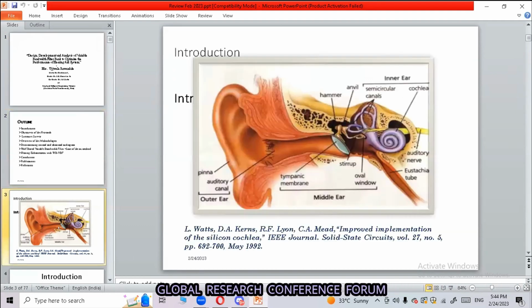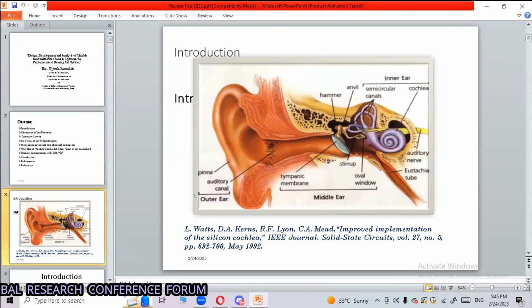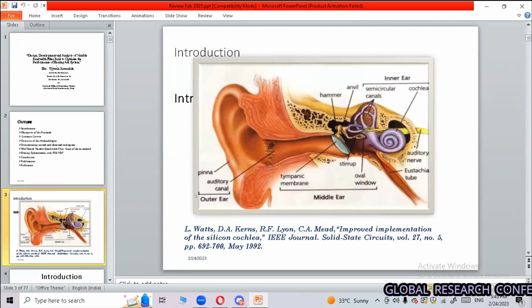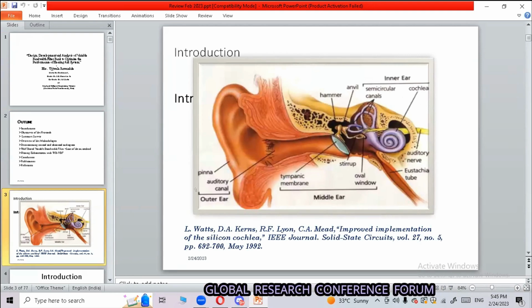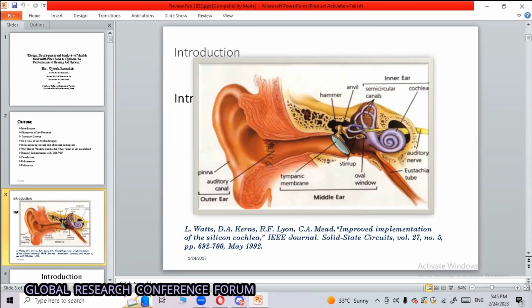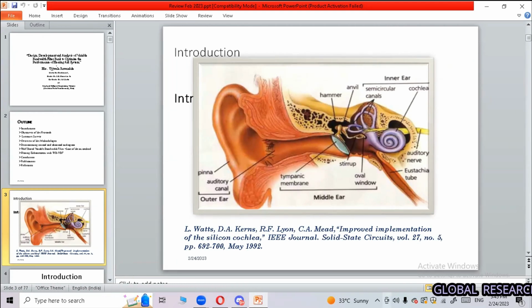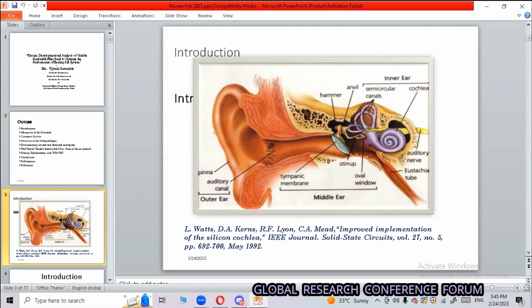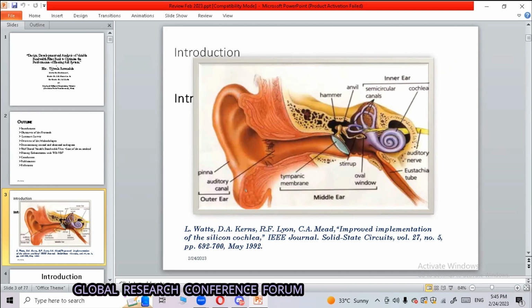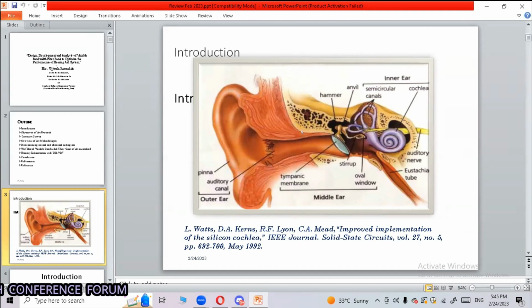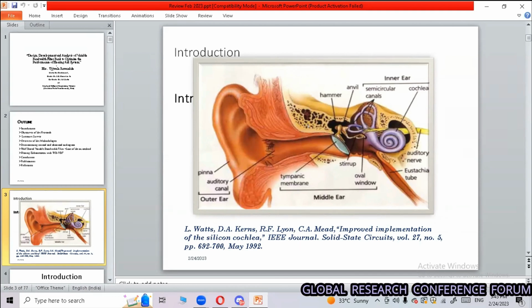So basically this topic is related with the hearing aid, and if we compare the hearing aid with the human ear, we can divide the human ear in three parts: outer ear, middle ear, and the inner ear. So we can replace my outer ear with the microphones, and the middle ear with the amplifiers and the spectrum analyzer.